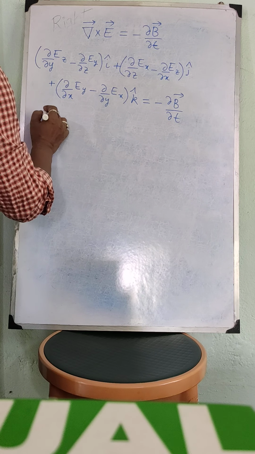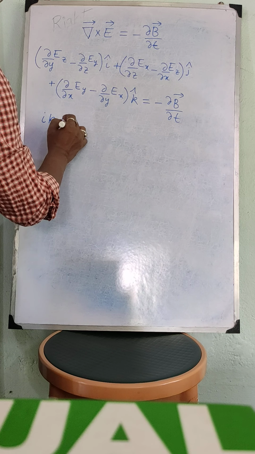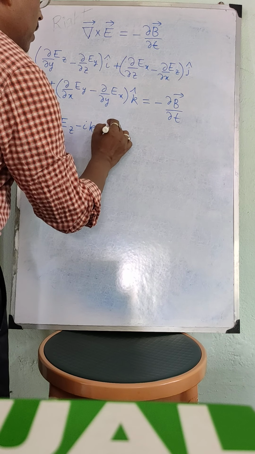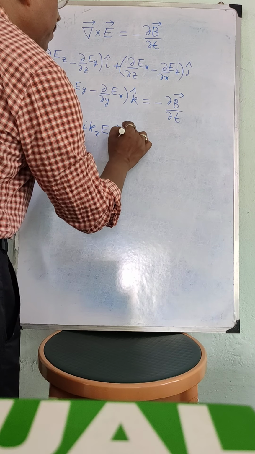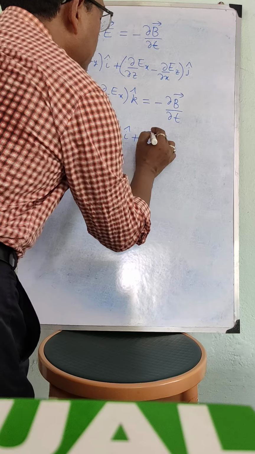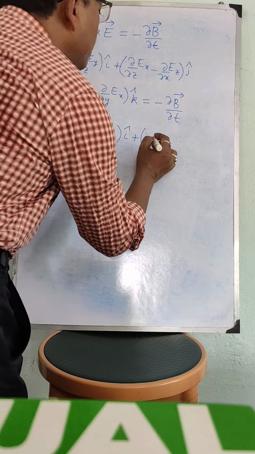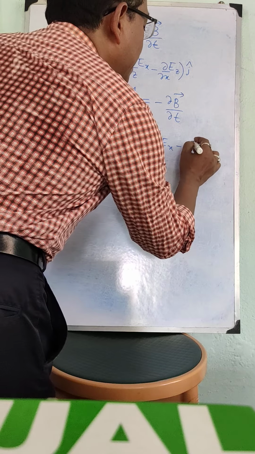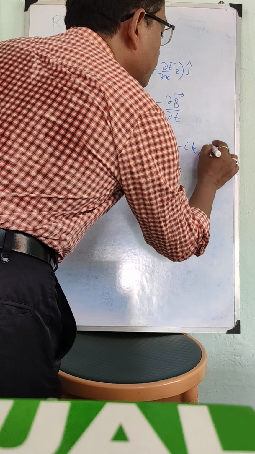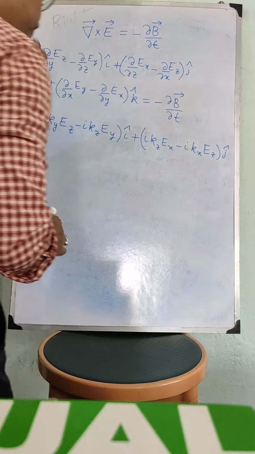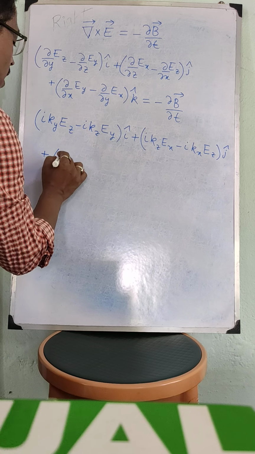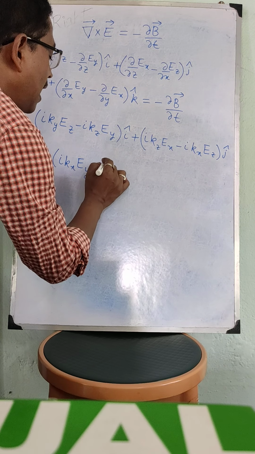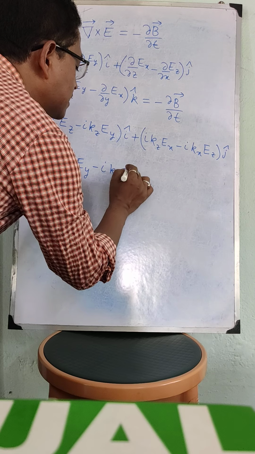Explicitly, this is i ky ez minus i kz ey, i cap, plus i, this is the imaginary number, i kz ex minus i kx ez, j cap, plus i kx ey minus i ky ex.